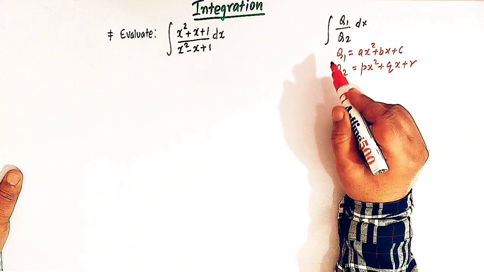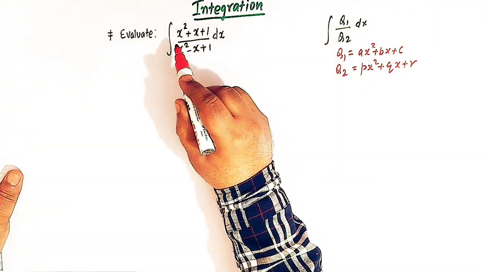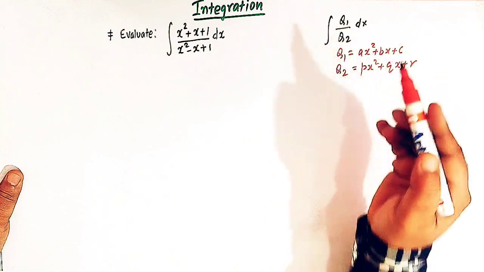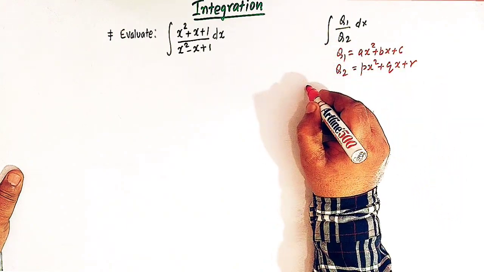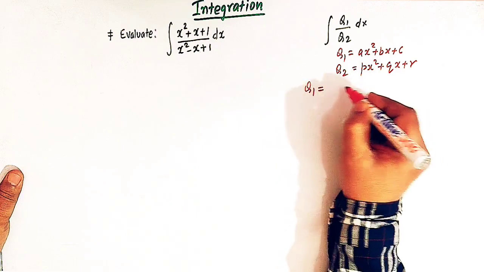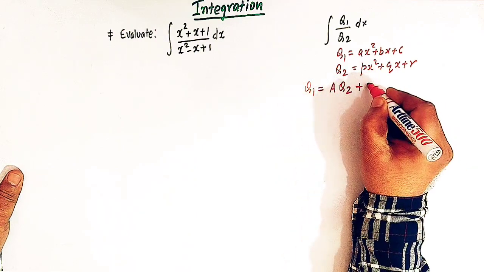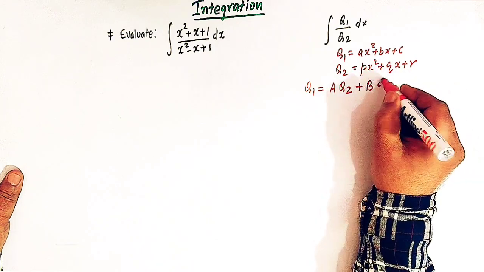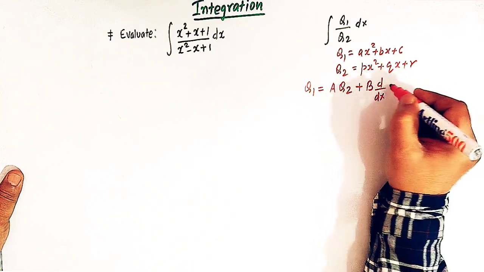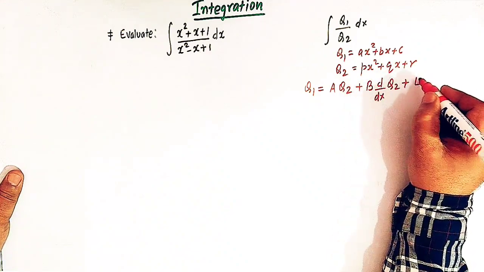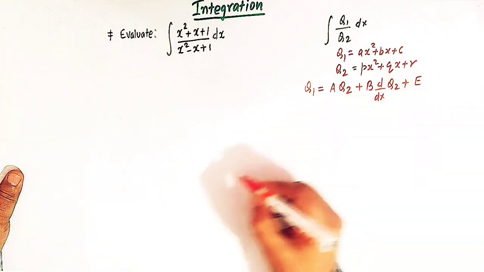So here we'll see the technique how to integrate the functions like q1 over q2. So what we will do, we'll express q1 as a times q2 plus b times the derivative of q2, and then we have another constant here, say e, right?